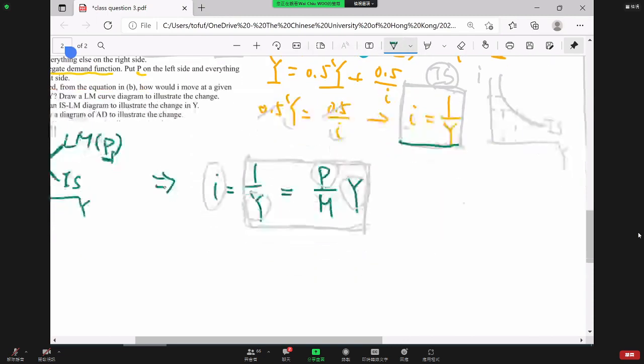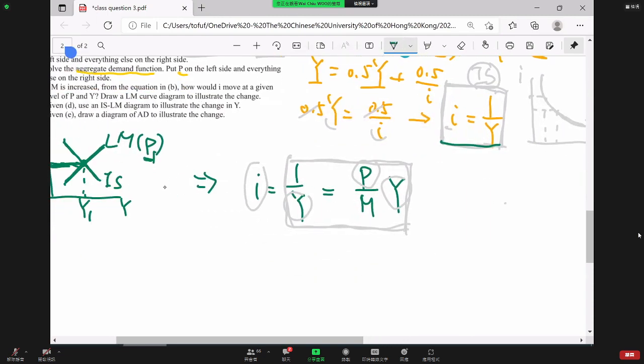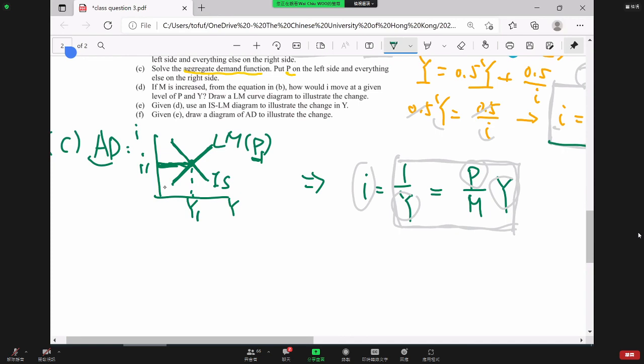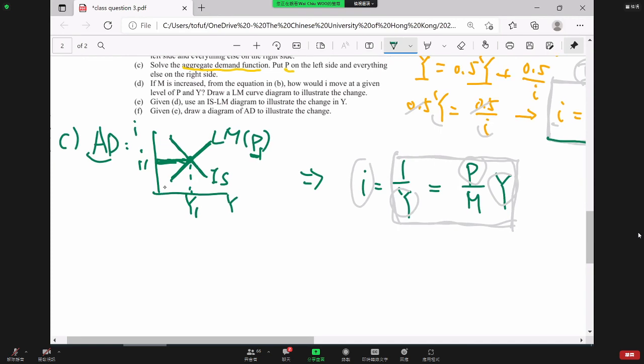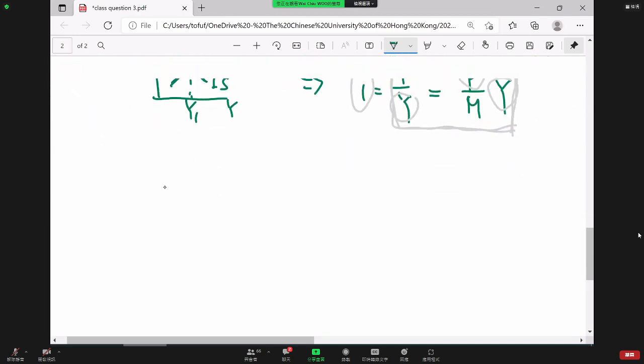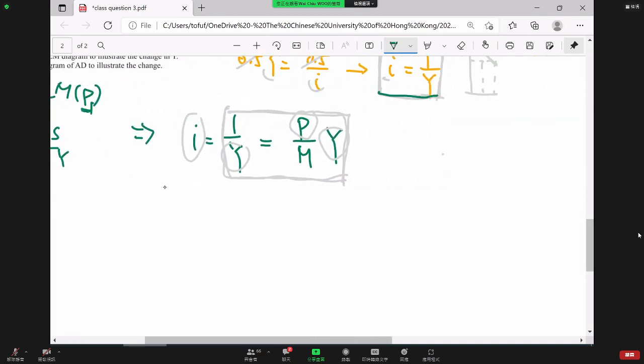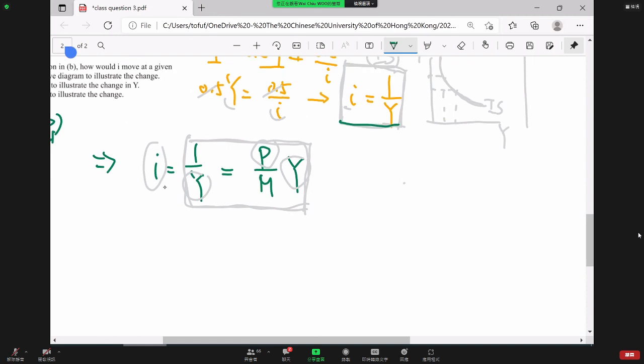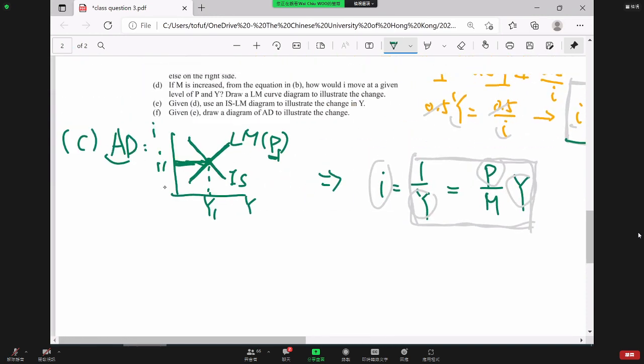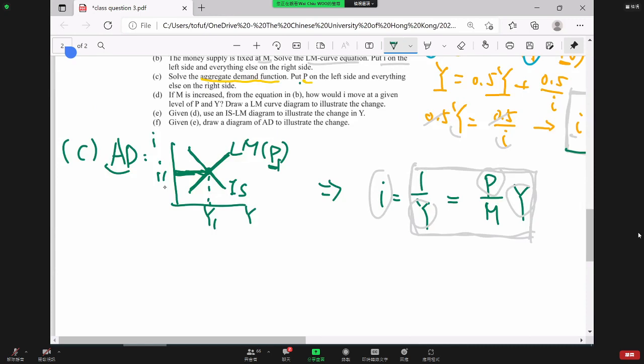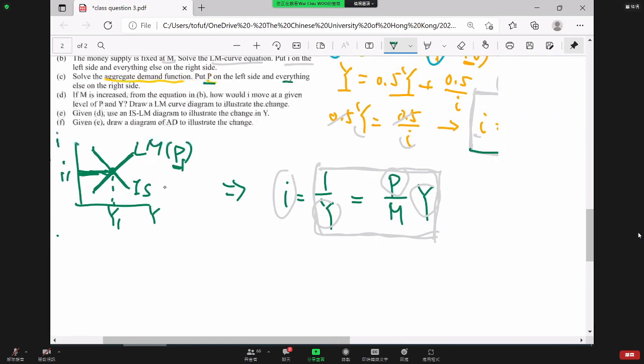And then you have to do some rearrangement. Because for the AD, you have to put P on the left, everything else on the right. So the format requirement is P here and everything else on the right.